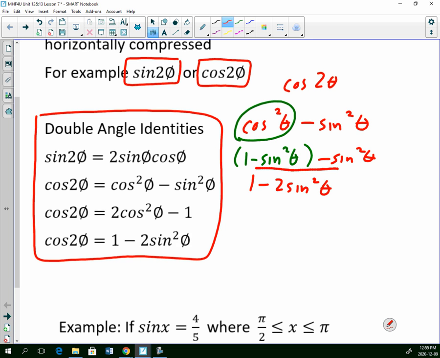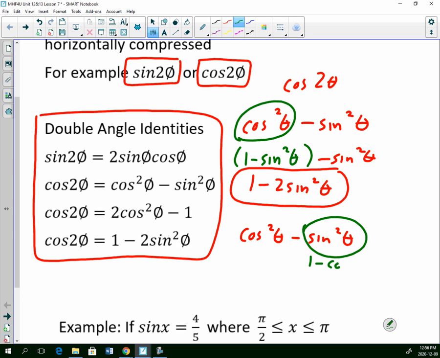It could also equal 1 minus 2 sine squared theta if I replace the cos squared theta, and then I could also replace the sine squared theta with 1 minus cos squared theta, and that will give me 2 cos squared theta minus 1.